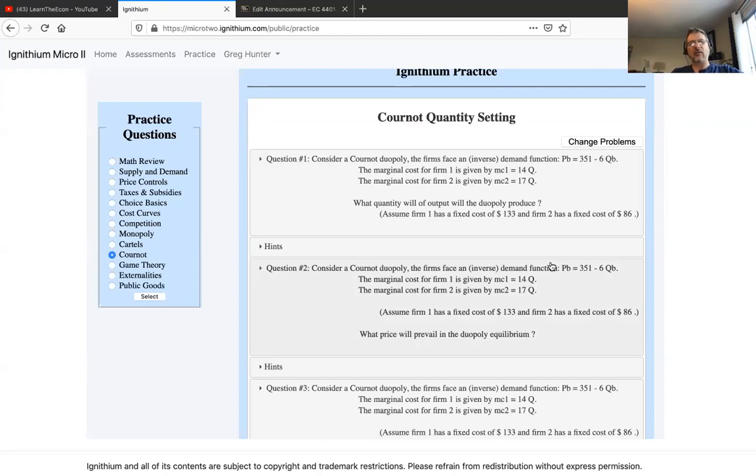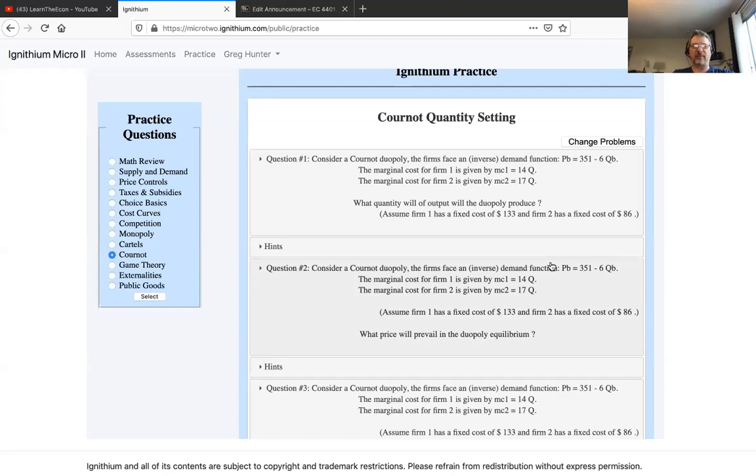Basically, we're going to figure out, when they're behaving like duopolists, how much do they each produce? How much does the industry produce? What sort of prices emerge? And is there a welfare loss? Is there a loss of consumer and producer surplus as compared to competition?